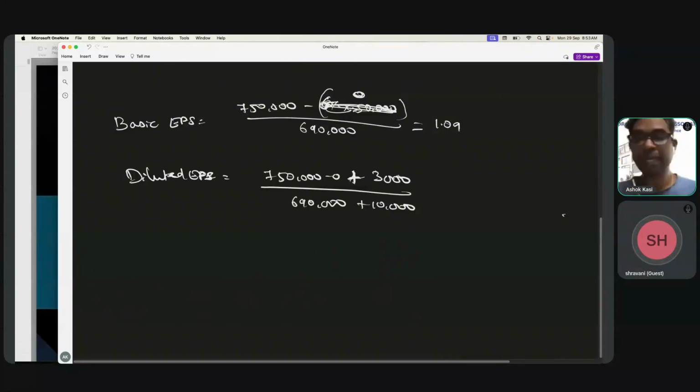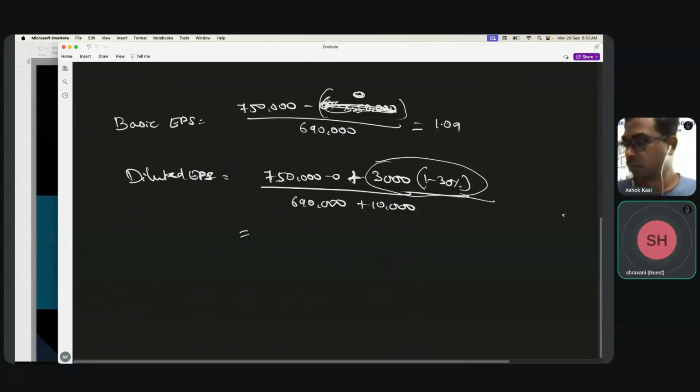3,000. But I have to pay tax on that one. So tax is how much? 30%. So I will be left with only 70%. So 1 minus 30% will be 70% of 3,000. 2,100. 2,100 is here, right?